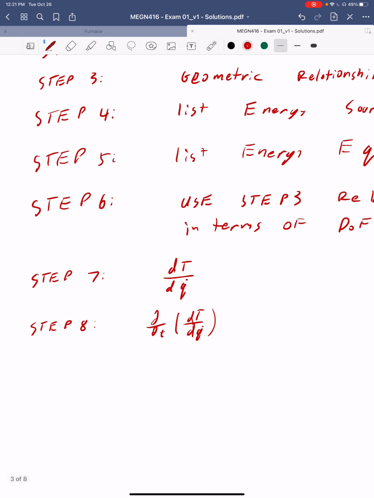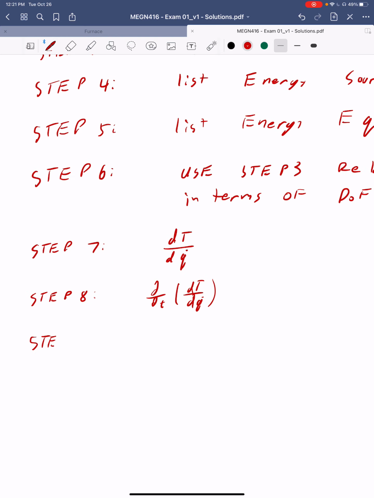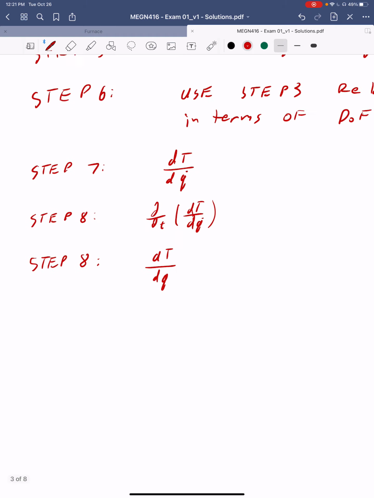Step 9 is we're going to take the kinetic energy and get the partial with respect to position. And for this class, this should typically be 0 for the problems that we're going to deal with in this particular course. But for other systems, that might not be 0, especially nonlinear systems. Okay, but we don't deal with nonlinear systems. Oh, this is supposed to be step 9.